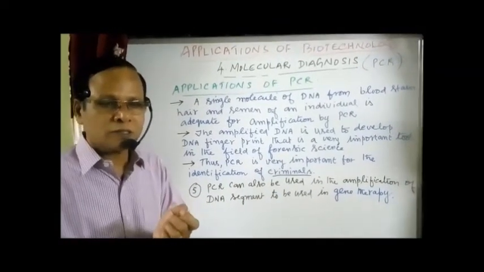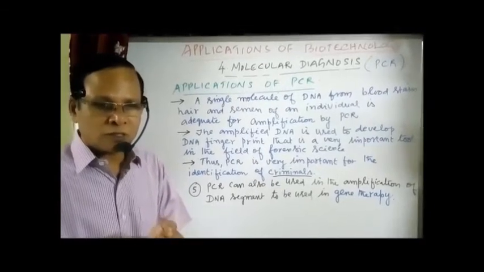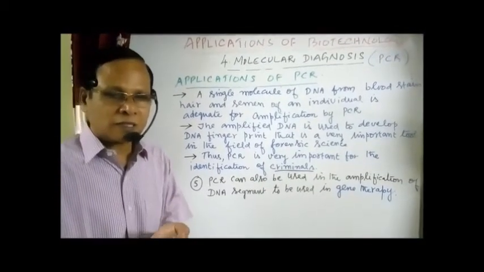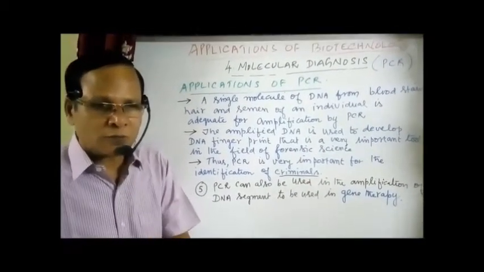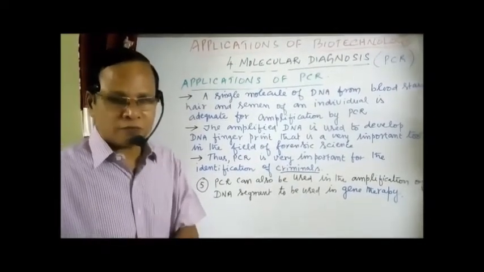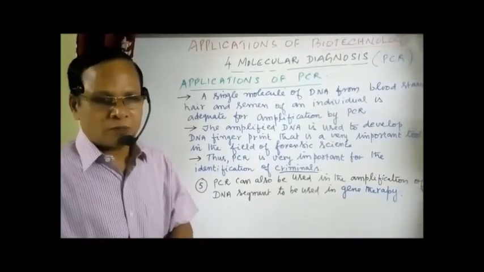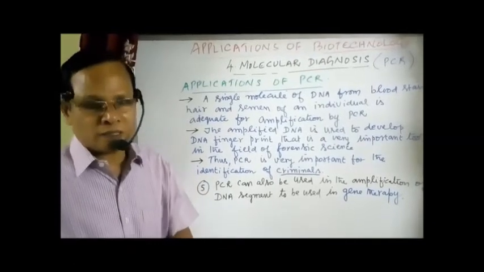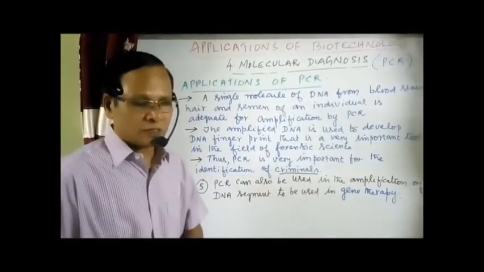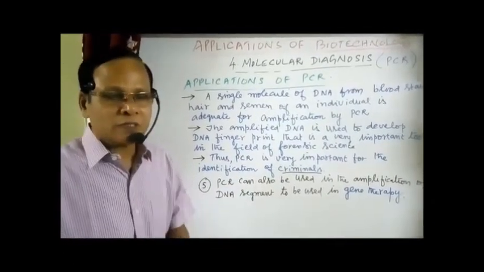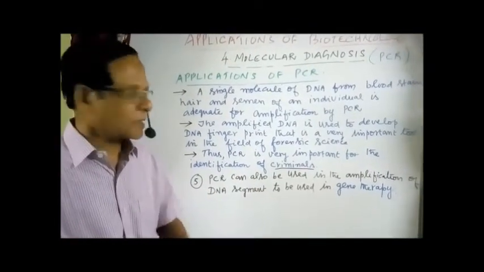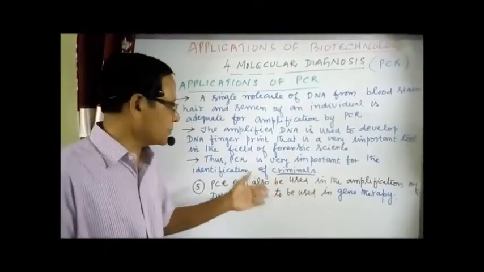Just one gene is not enough to replace the defective genes. That's why we have to amplify the genes before doing the gene therapy. That amplification is performed by means of PCR.